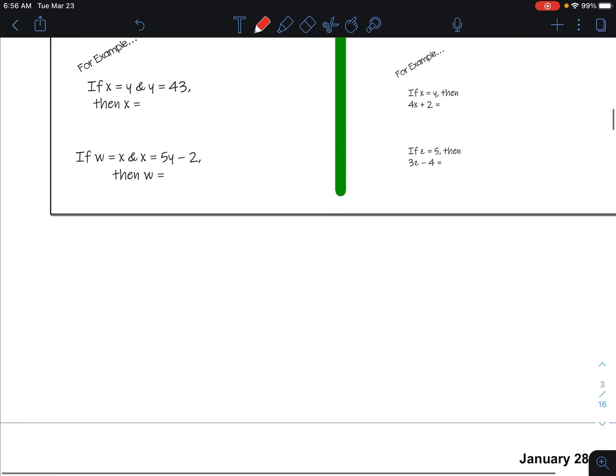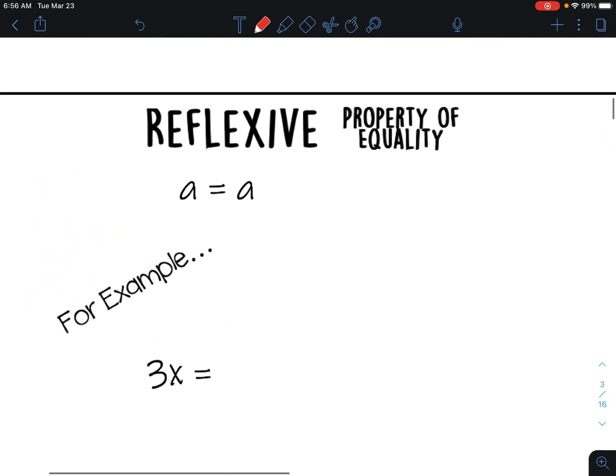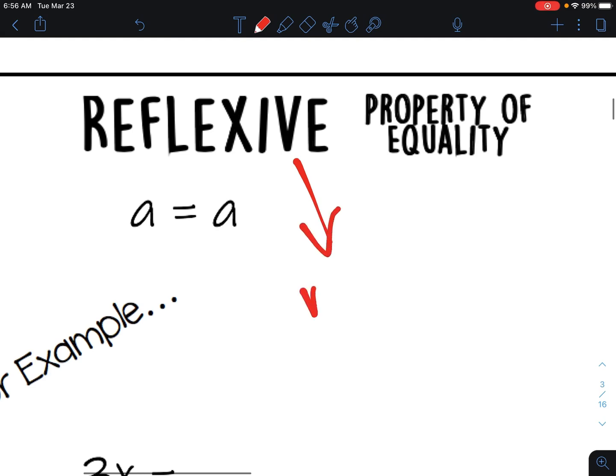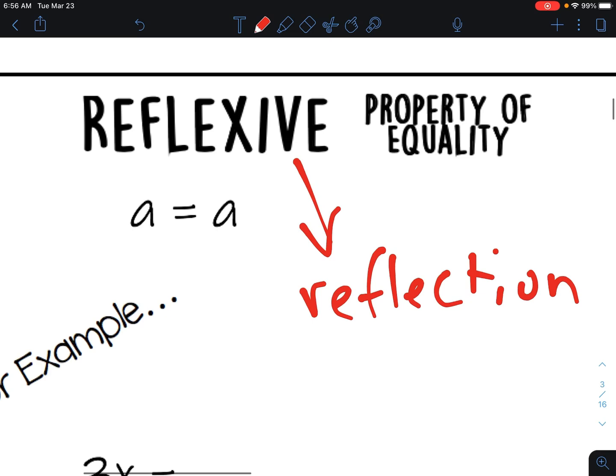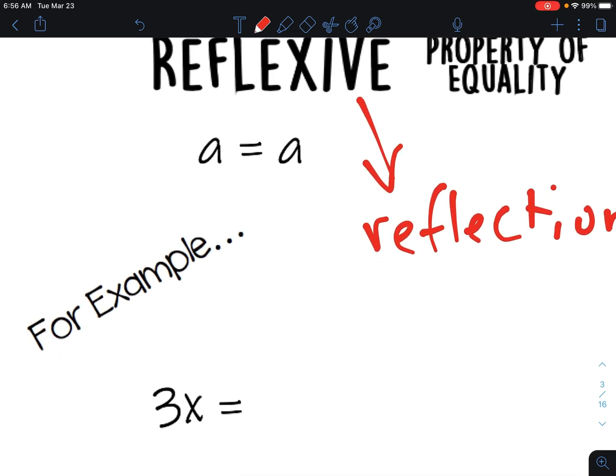And then we had a couple other properties we used in algebra. These are going to be more properties of equality. You may have heard some of these before, may not have. Reflexive. Think reflection. Okay? You are going to use the reflexive property of equality when it's the same thing.